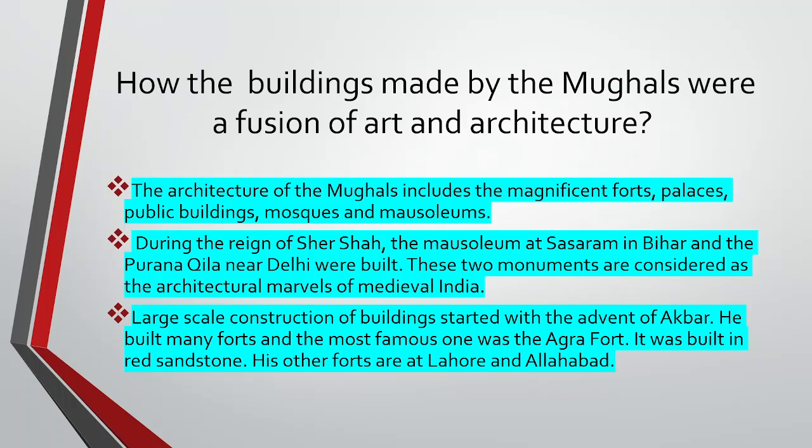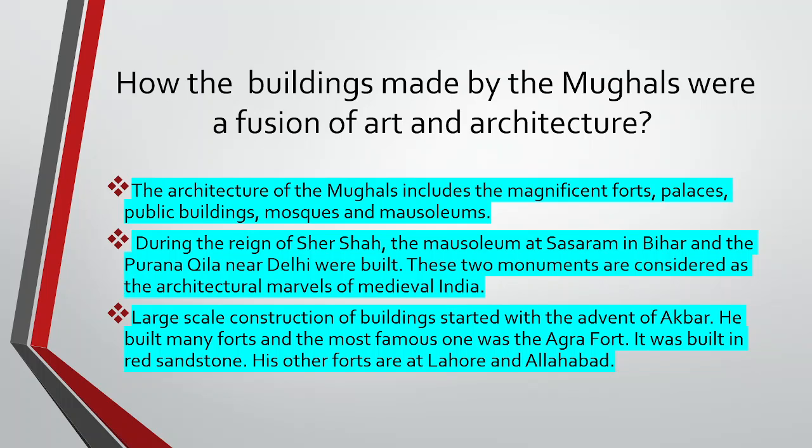During the reign of Sher Shah, the mausoleum at Sasaram in Bihar and the Purana Qila near Delhi were built. These two monuments are considered marvels of the architecture of medieval India.